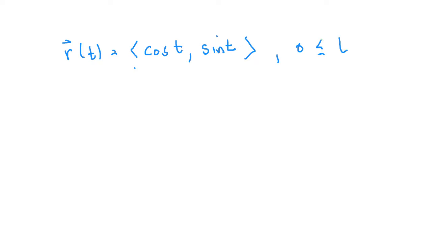Okay, so let's say that r(t) has components cosine of t and sine of t, and we're going to let t go between 0 and 2 pi.